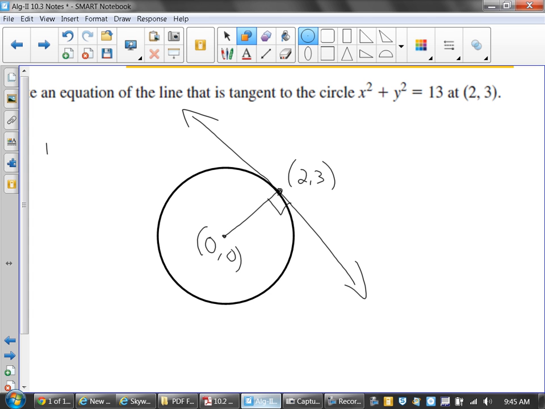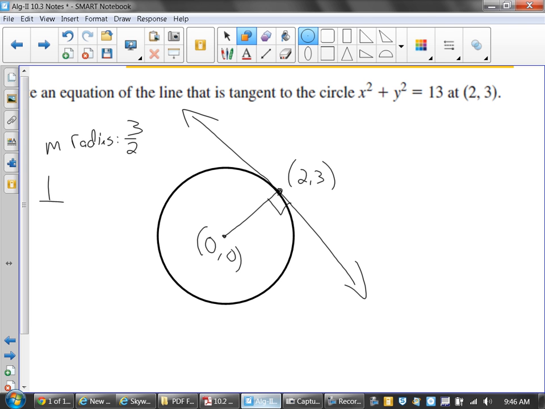It's 3 over 2. Everybody agree? In this case, since my secondary point is (0, 0), all I have to do to get my slope is y over x. So my slope here is 3 over 2.